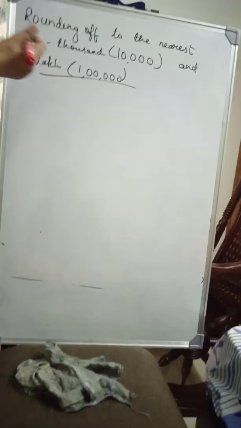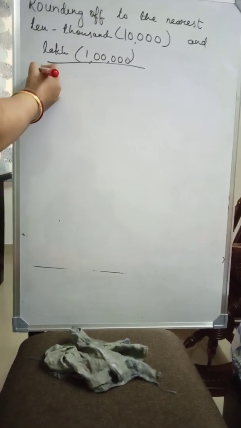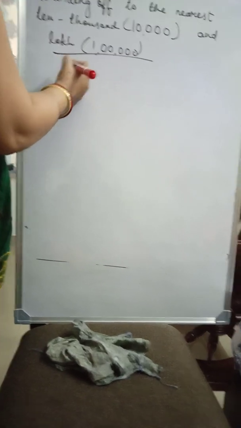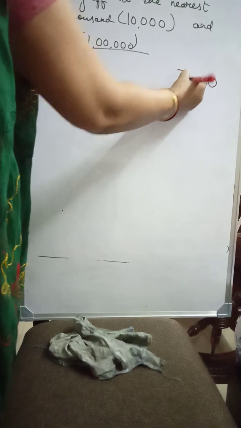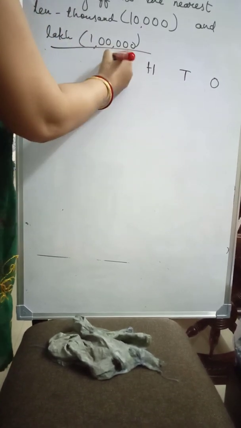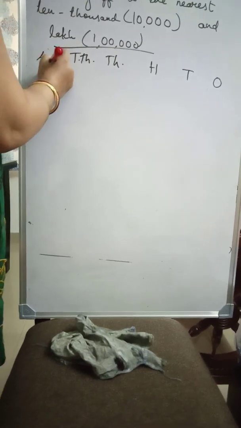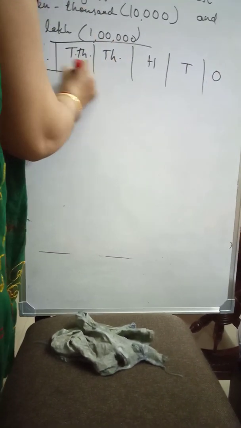Now, let us take an example of rounding the given number to the nearest lakh. Let us make the place value chart: ones, tens, 100, 1000, 10,000 and lakh. So this is the place value chart.